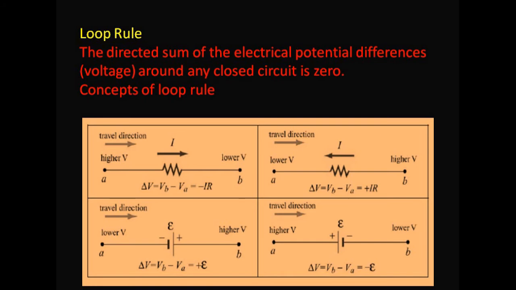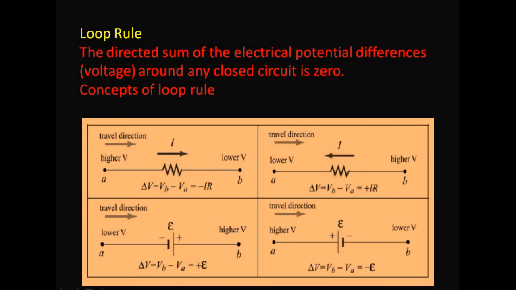Now here, suppose you measure the potential difference in the direction of the current. Can you see this thick dark arrow? This dark arrow shows the direction of the current, and this light arrow shows the direction in which you are going to measure the potential difference.